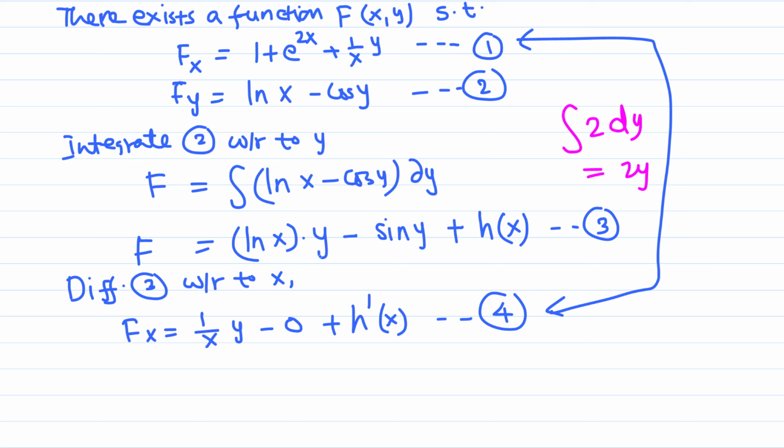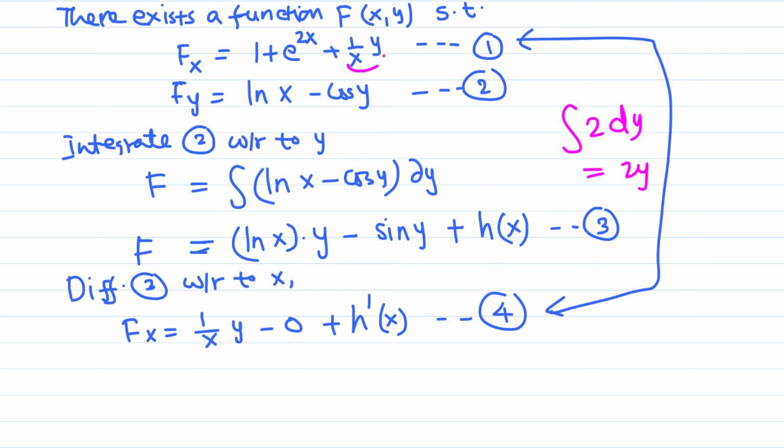Our goal is to determine h in equation 3, because the solution is the function equals c. The function is almost there, but we are trying to find h. When we compare, by design the left hand sides F_x are the same. F_x means the partial derivative of F with respect to x. On the right side, in equation 1 there is 1 over xy, and in equation 4 also 1 over xy, so we have the same.